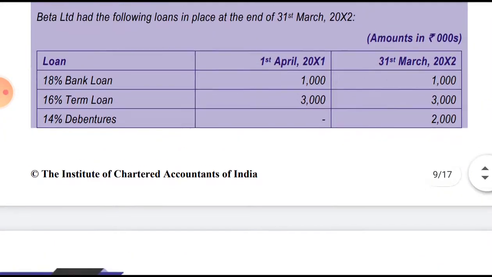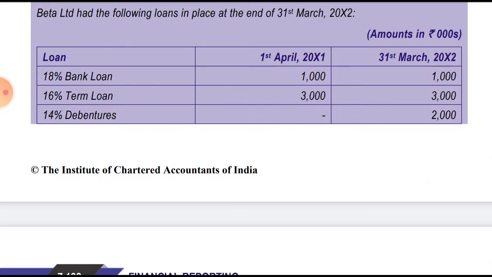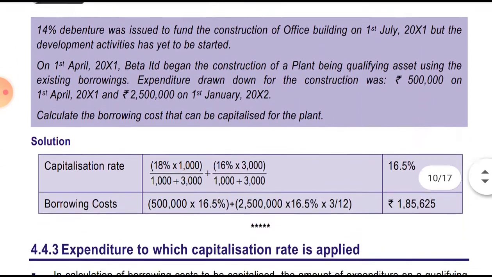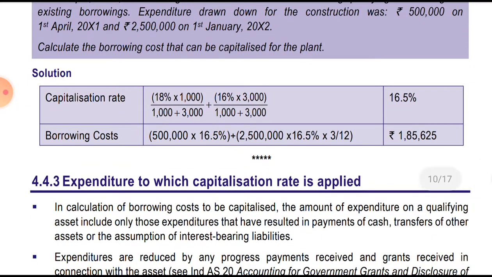How to calculate the general borrowing? Simple. 1000 into 18%, that will get 180. 3000 into 16%, will get 480. Total is 660 divided by 4000 into 100 will get 16.5%. Now just multiply it with the amount of expenditure.